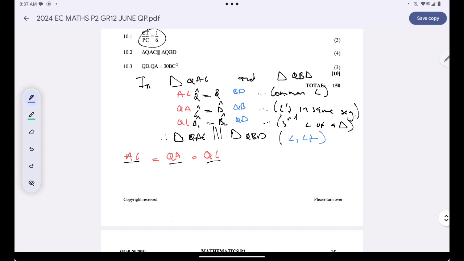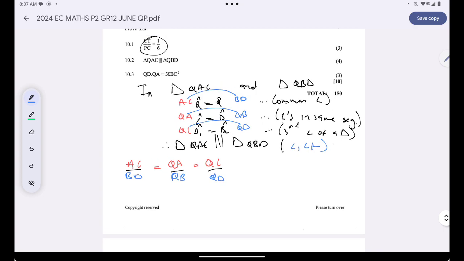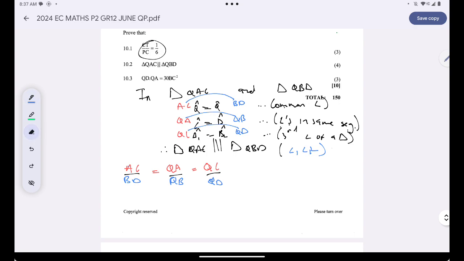The corresponding sides, one should come from one triangle and the other from the other triangle. AC goes hand in hand with BD. QA goes hand in hand with QB. And then QC goes hand in hand with QD, right? In our answer, we are not going to use this part, so we might as well just erase it.